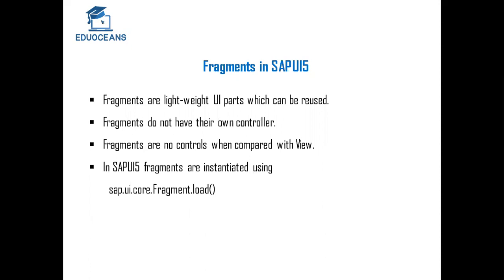That is why fragments are lightweight: the instance of the fragment is not created, it only returns whatever is declared inside the fragment. Views have properties and controllers, but a fragment doesn't have its own properties and all that. So that's why they are lightweight UI parts. You just need to declare the fragment, and automatically that fragment is included in the view.